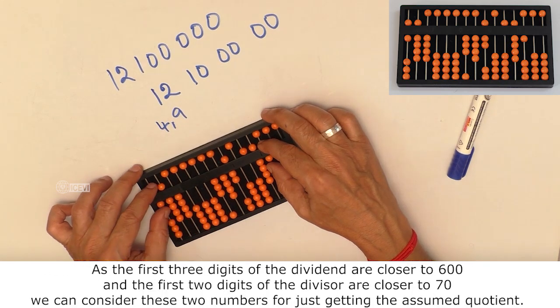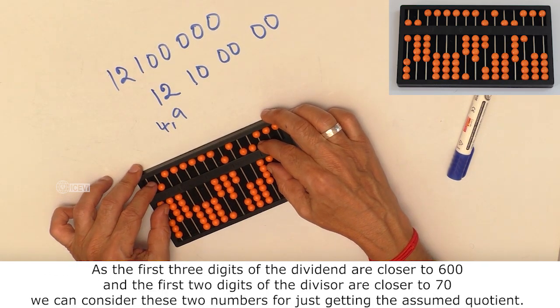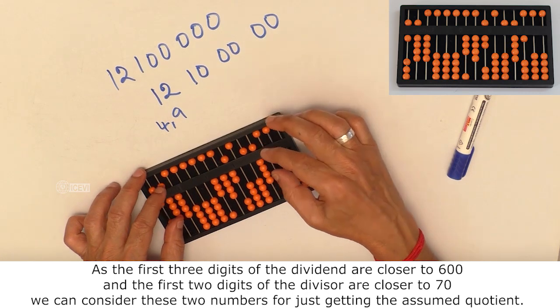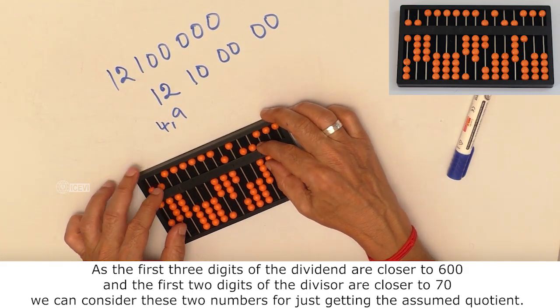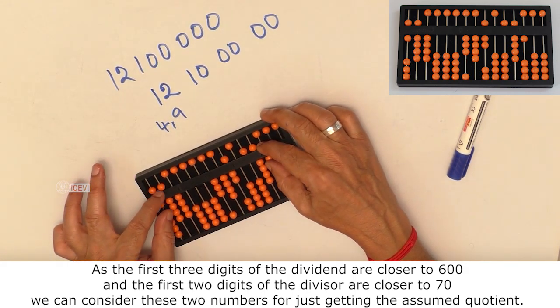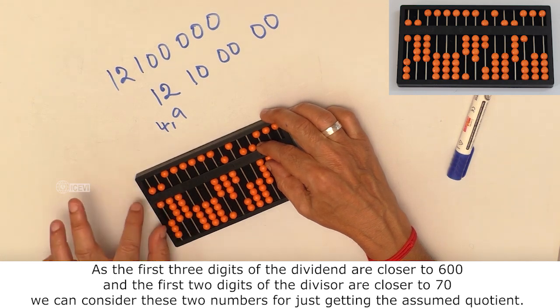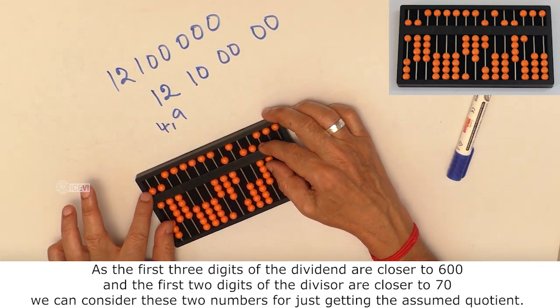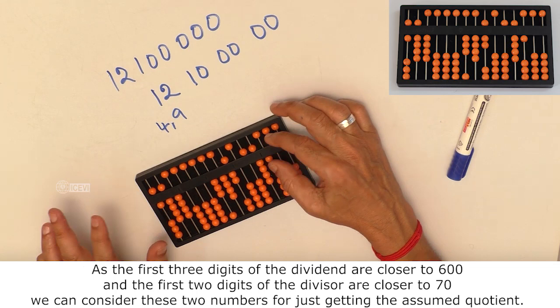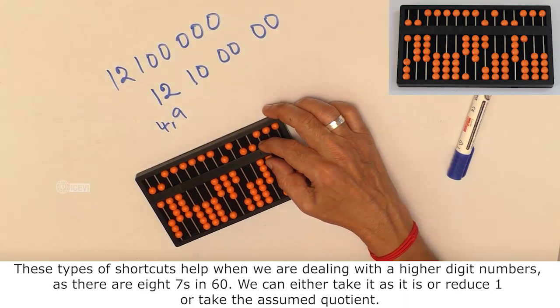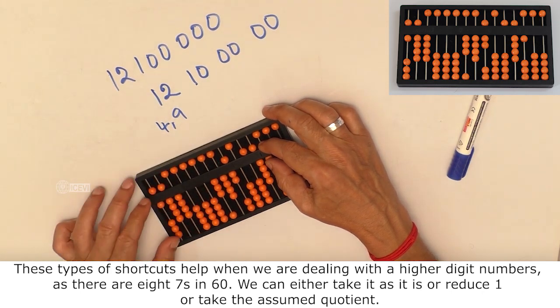As the first three digits of the dividend are closer to 600 and the first two digits of the divisor are closer to 70, we can consider these two numbers for just getting the assumed quotient. These types of shortcuts help when we are dealing with the higher digit numbers.